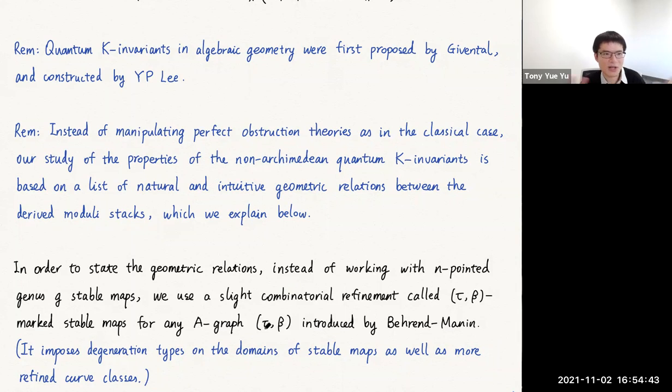Tau is a graph, and beta are curve classes associated to every vertex of the graph. So the graph imposes degeneration types on the domains of the stable maps, and then the curve classes associated to every vertex impose what the curve class should be for the corresponding irreducible component.